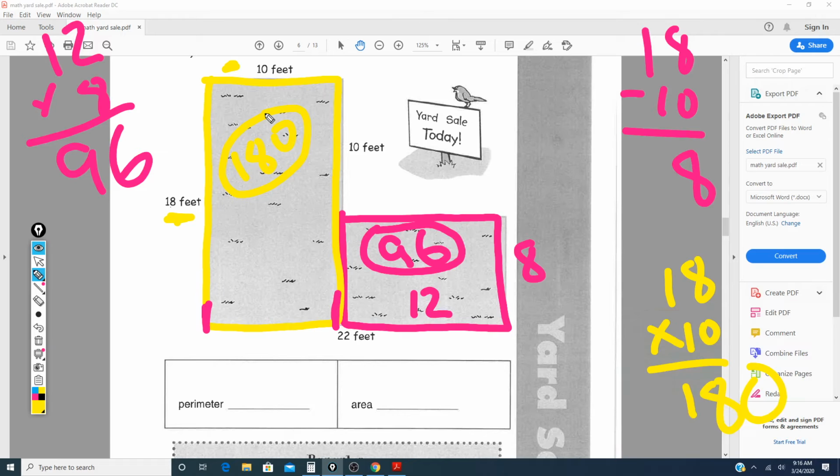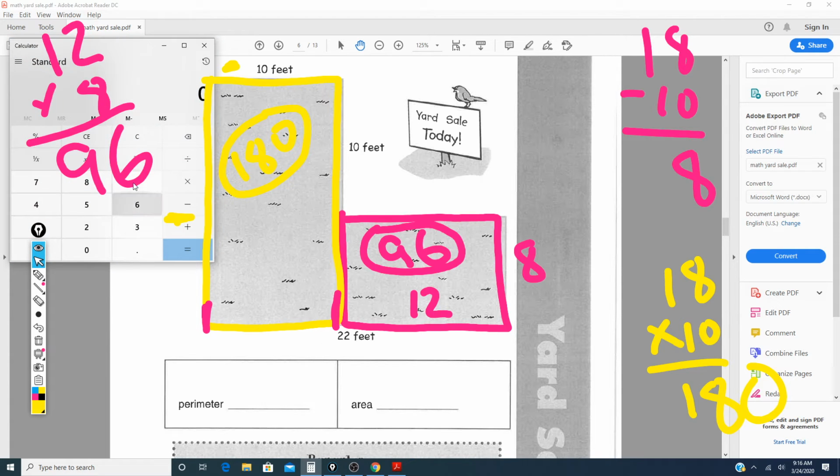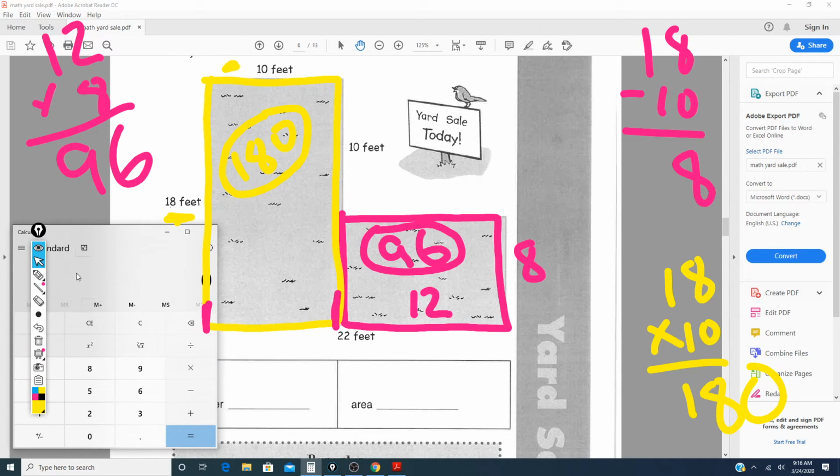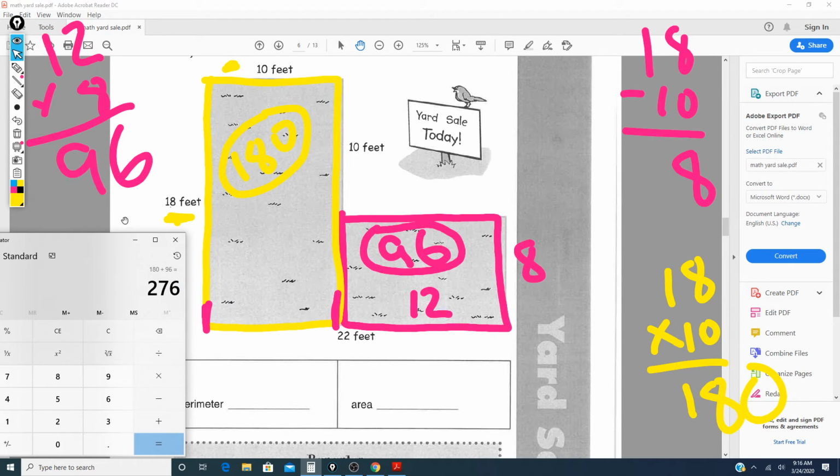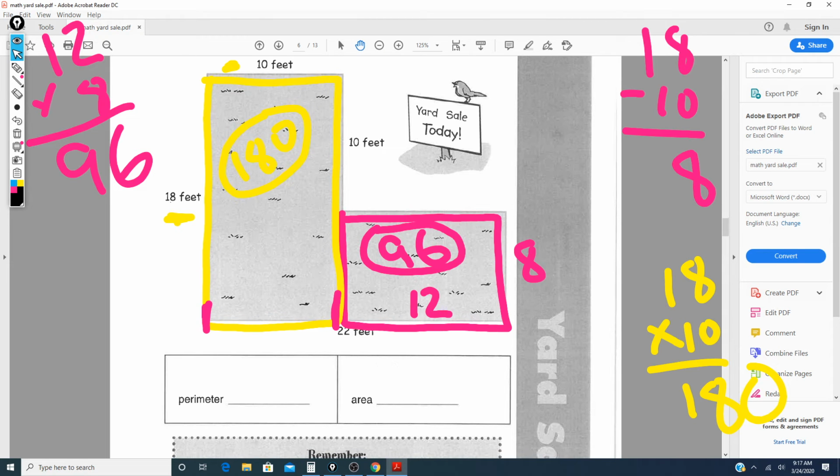Just for the sake of time, let's bring up the good old calculator. 180 plus 96 is going to give us 276. So the area of this crazy Miller's yard here is 276.